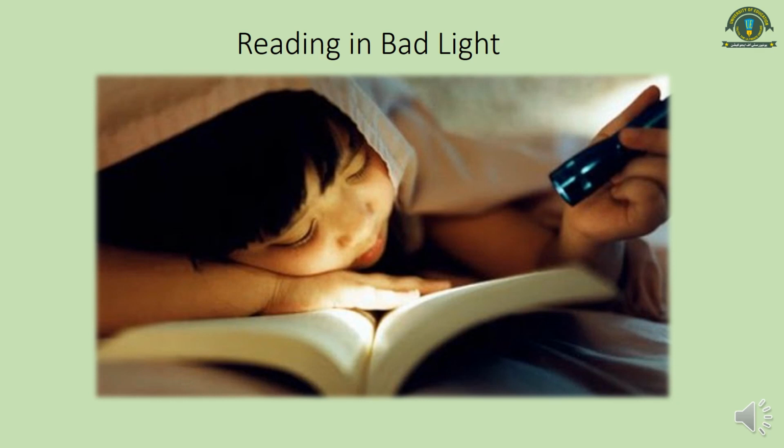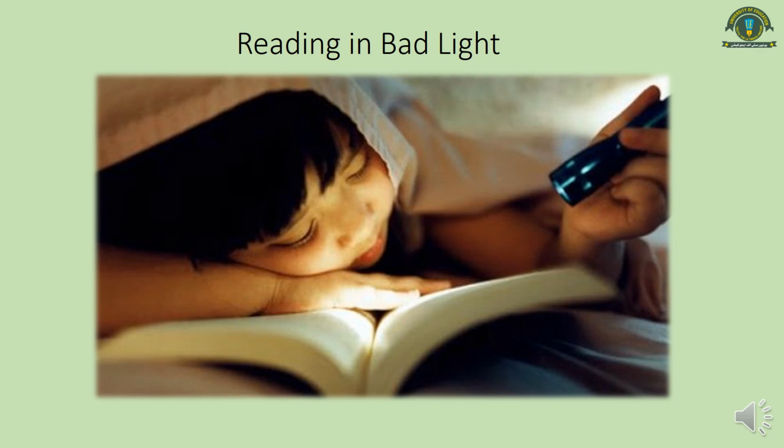Reading in bad lights, reading in candlelight or reading in torchlight, is harmful for your eyes, and that does not give you enough reading. Nowadays we sometimes read with our mobile torches. That may help you in order to know what you want to read, but that is again not a good thing.